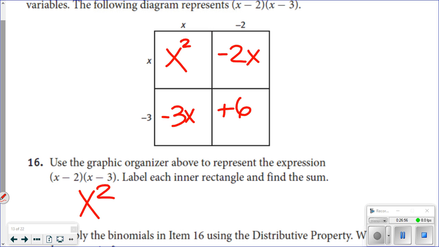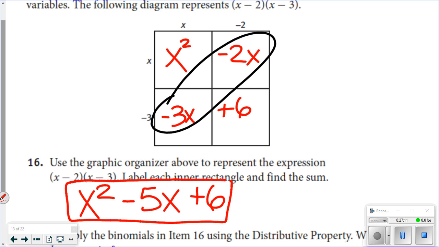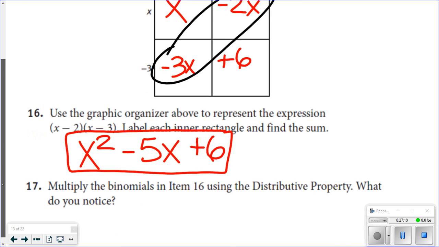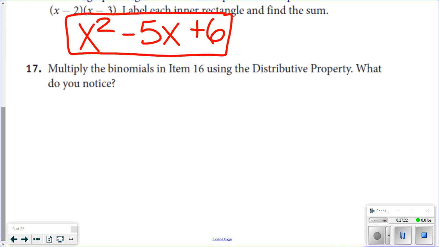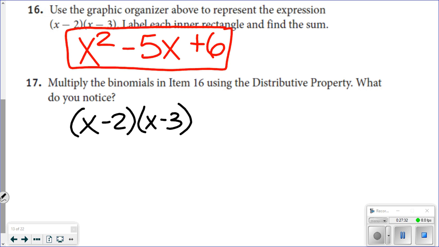So x squared, these are like terms. Negative 3 subtract 2 is negative 5x, and positive 6. So that would be our final answer there. Okay, and let's do the distributive property again, and then we'll get into how to do this more on our note sheet and an easier way in the future, okay?